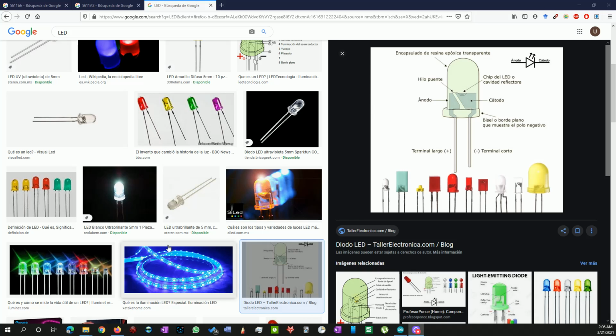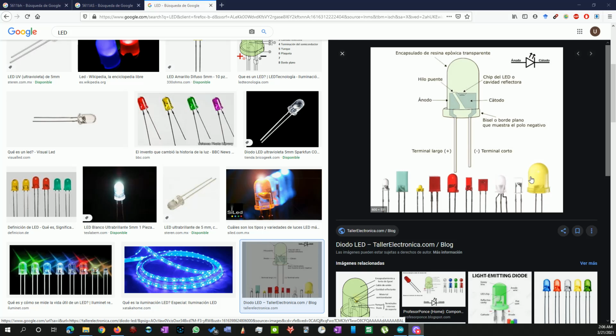Actually, nowadays on your cell phone screen and in your television screen we got plenty of these LEDs. Nowadays the monitors on your cell phone, on your TV are made of LEDs. So we can produce LEDs in a lot of presentations.